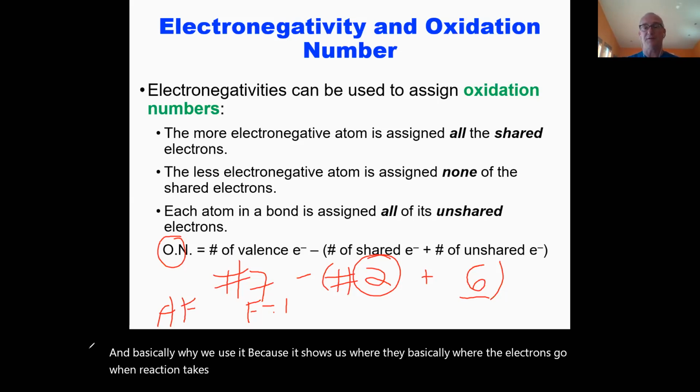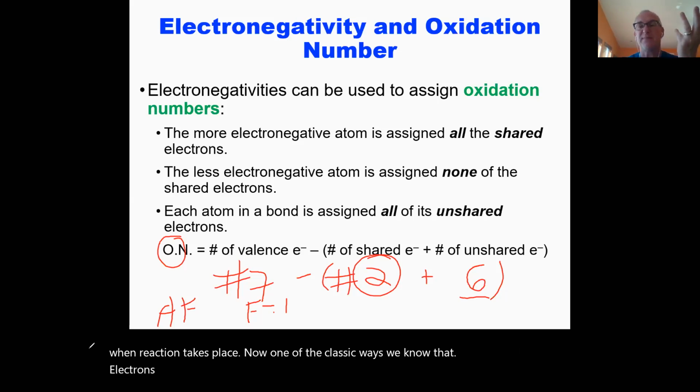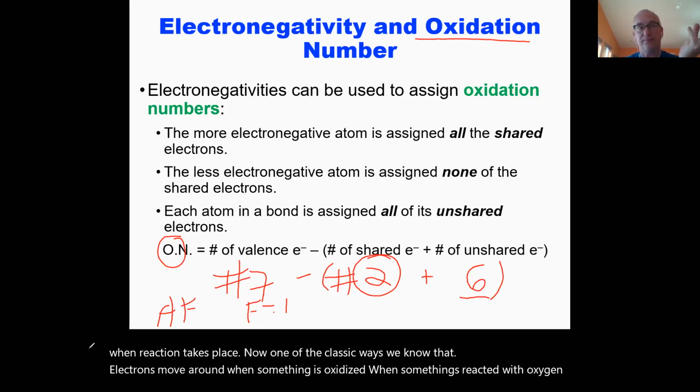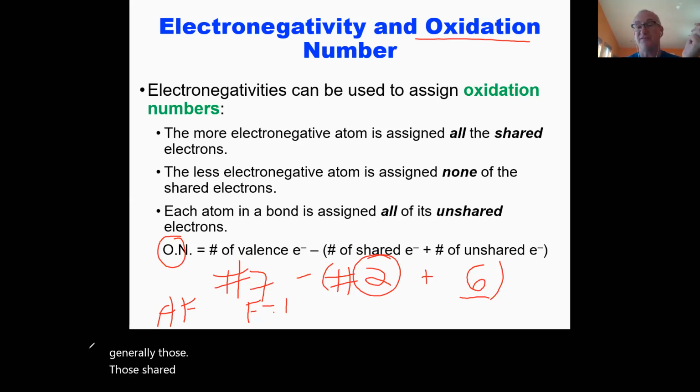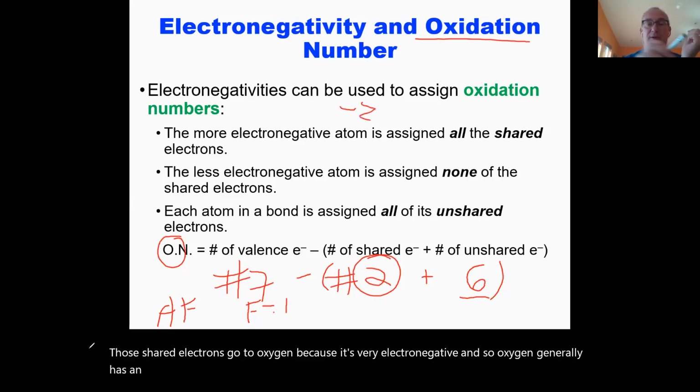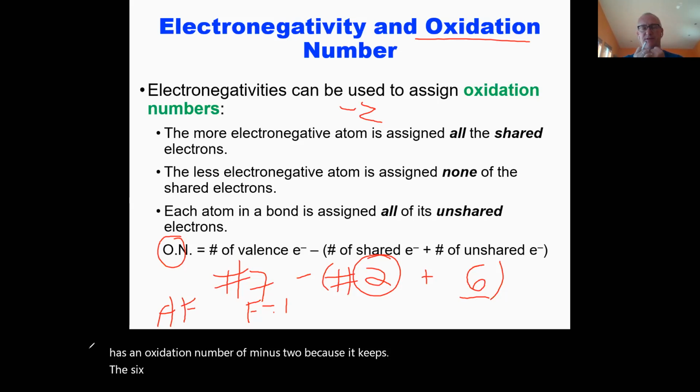Now, one of the classic ways we know that electrons move around is when something is oxidized, when something's reacted with oxygen. Generally, those shared electrons go to oxygen because it's very electronegative. And so oxygen generally has an oxidation number of -2.